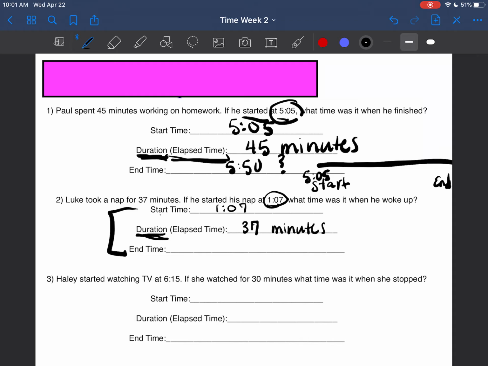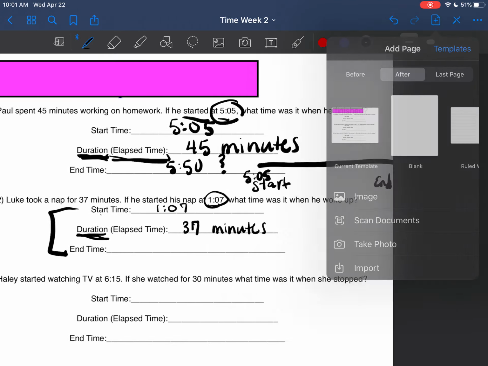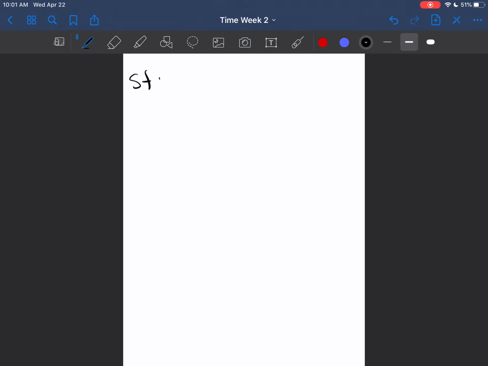And last but not least, what is the end time? What time does Luke wake up from his nap? Well, that's what we're going to be solving for in our problem today. I'm again going to use that number line strategy. We know the start time is 1:07 and the elapsed time is 37 minutes.